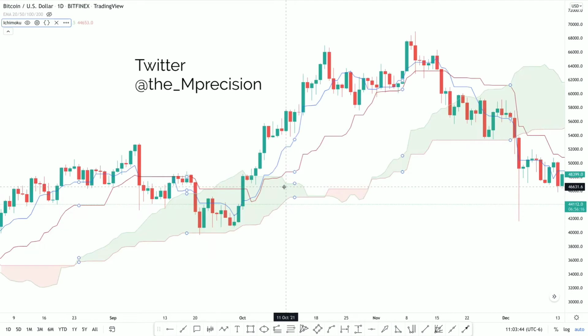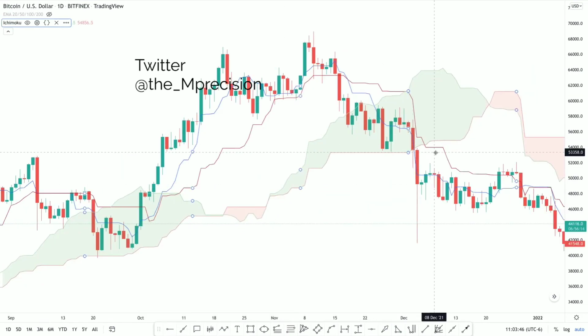If the fast moving average, the blue line, crosses the slow moving average, the red line, and goes down, you short.